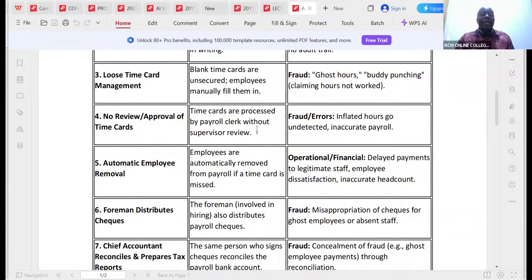The foreman again here is the one who is distributing the checks. Yeah, buddy. You see, buddy is friend. Buddy is a friend. So for example, if Mugendi is my friend, this happens quite a lot. Even at RCM, before we automated the system for our lecturers, when we used to have physical classes, a lecturer could easily miss, and then a friend of theirs would just sign manually, and they make sure that their signatures are like their initials.